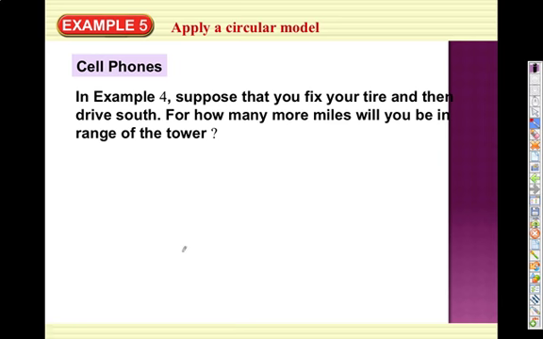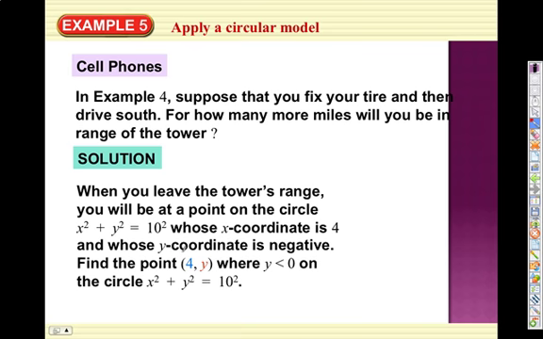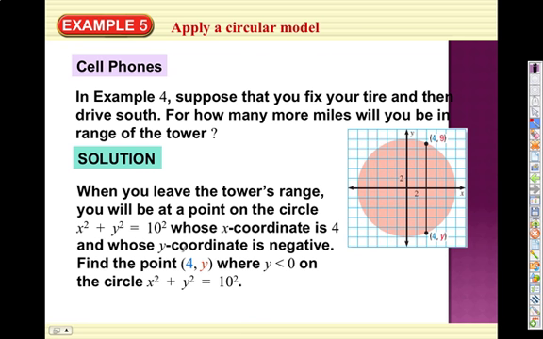All right, so solution. When you leave the tower's range, you're here at 4, 9. When you leave it, you'll be at the point on the circle x squared plus y squared equals 10 squared, whose x coordinate is 4, and whose y coordinate is negative. You know you're below the x-axis, so you're going to have a negative number right here.